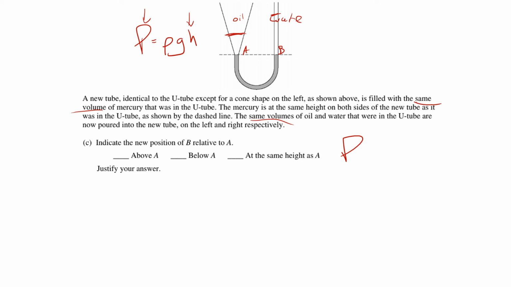Since pressure went down, the other side is going to push more. So B is going to be below A. All right, justify your answer. Well, I just told you. h decreases, so pressure decreases, so it moves up. We're talking about A here. So A moved up, B went down.